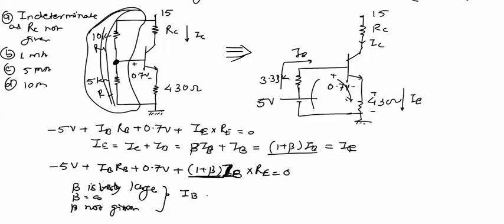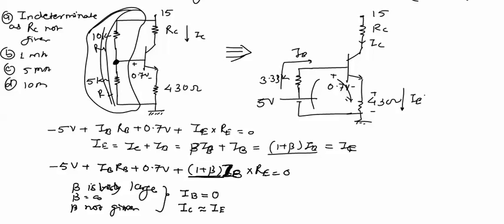That approximations are IB is equal to 0 and IC is nearly equal to IE. These two approximations will help to solve the problem. So whenever beta is given large, beta equal to infinity, beta not given, in these three cases we can take IB equal to 0 and IC equal to IE, and can proceed for further solving of the problem.